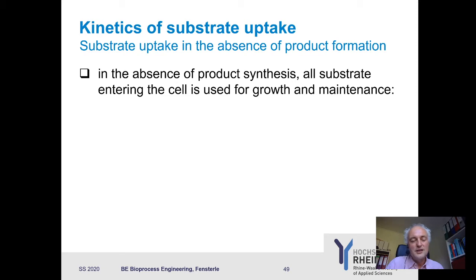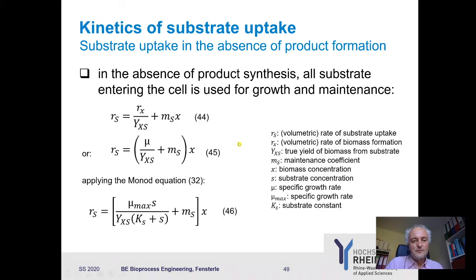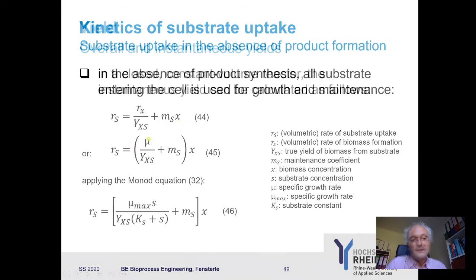Okay, if I look at what is happening to my substrate, I can say if there is no product synthesis, obviously all substrate which goes into the cell will go into growth and maintenance. That's clear. And in this case, I can write the Rs is Rx divided by YXS. This also comes from basic reaction theories with my yield coefficients, remember, plus MSX.